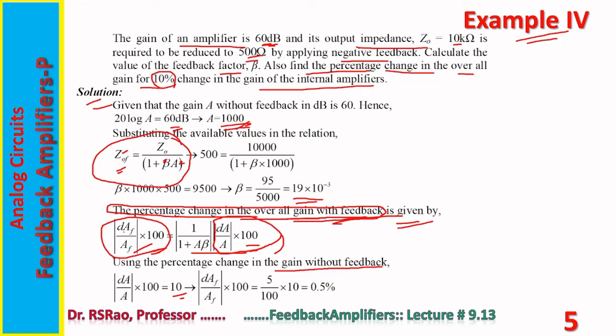Now dAF by AF mod into 100 becomes equal to 10 into mod 1 by 1 plus A beta, which is 5 by 100. Now we get it as 0.5 percent.